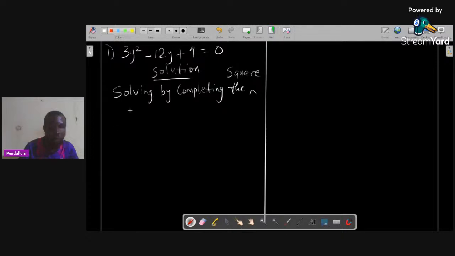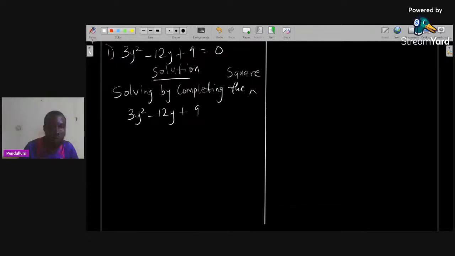So now, again, we have 3y squared minus 12y plus 9. First thing we do here, we make the coefficient of y squared to be unity. And that means we need to remove whatever is here. And we remove it by dividing through by that same number. I hope you're following me and you can hear me very clearly. Make the coefficient of y squared unity.